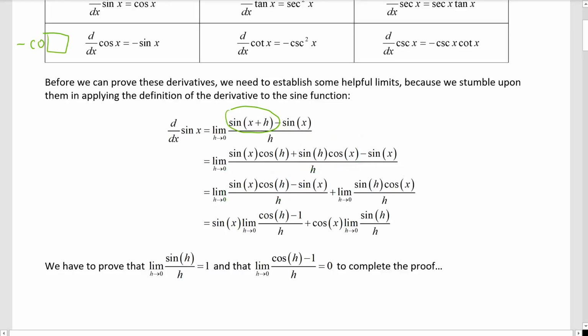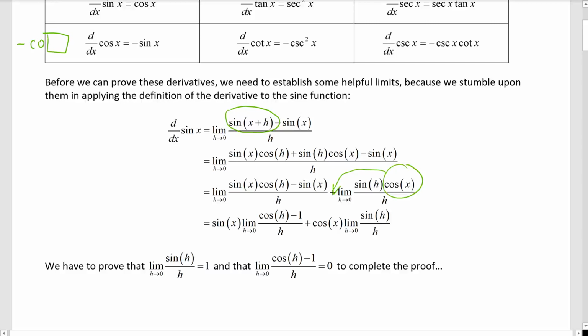Now we can factor out the sine x, because this is a limit in h. Sine x is like a constant term, it has no h in it, so we can factor out the sine x and put it outside of the limit. Then we get cosine h minus 1 over h. And cosine x is also like a constant, it has no h in it, so we can also put it outside of the limit.